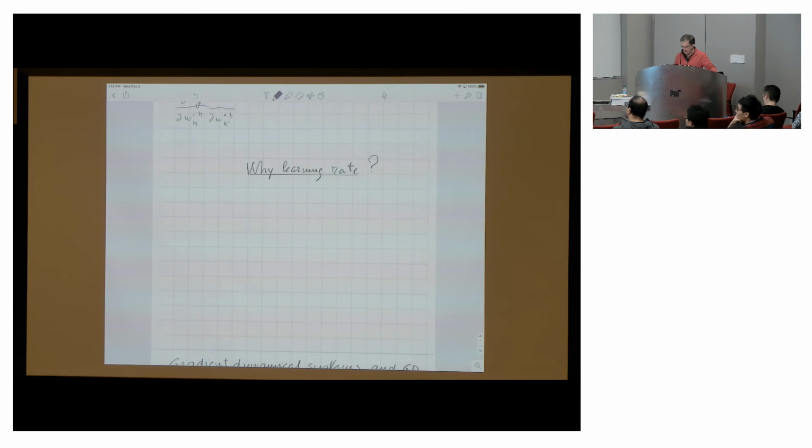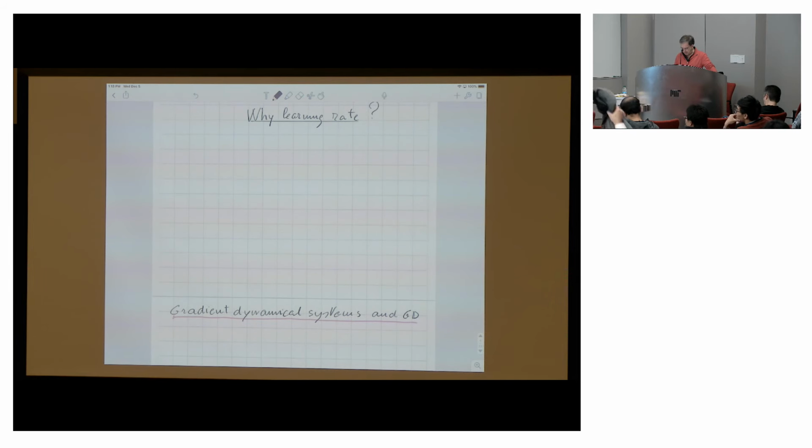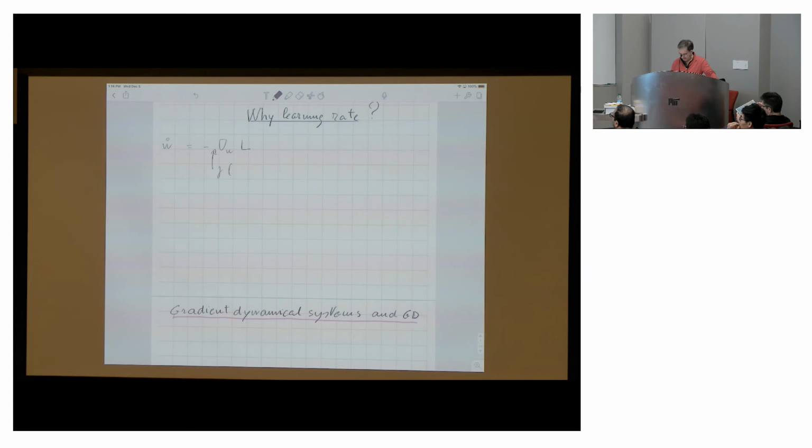Okay, another thing related to notation, as I said last time, I'll not speak more about this apart from this, but typically in gradient descent you are looking for time derivatives of the weights, and this will be equal to minus the gradient of your energy function or loss function L. And here you typically have a learning rate, say, a function of time.